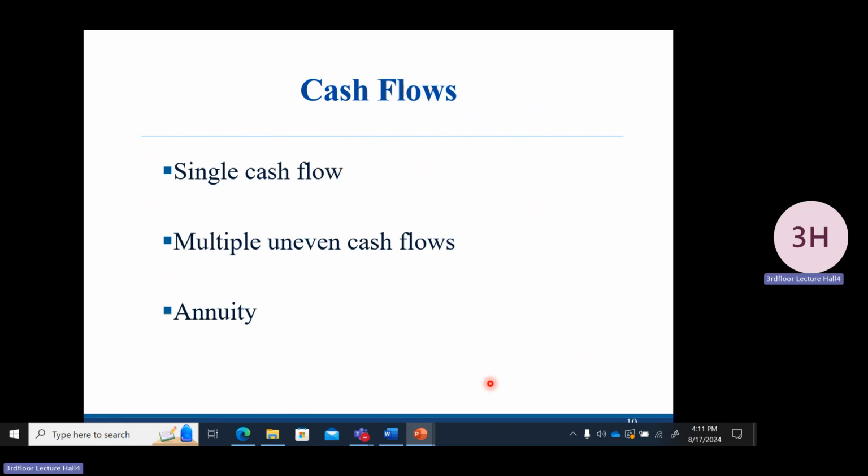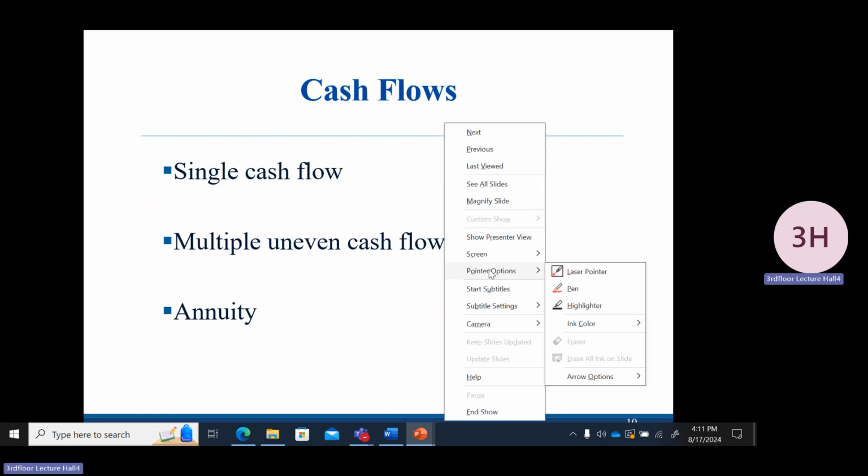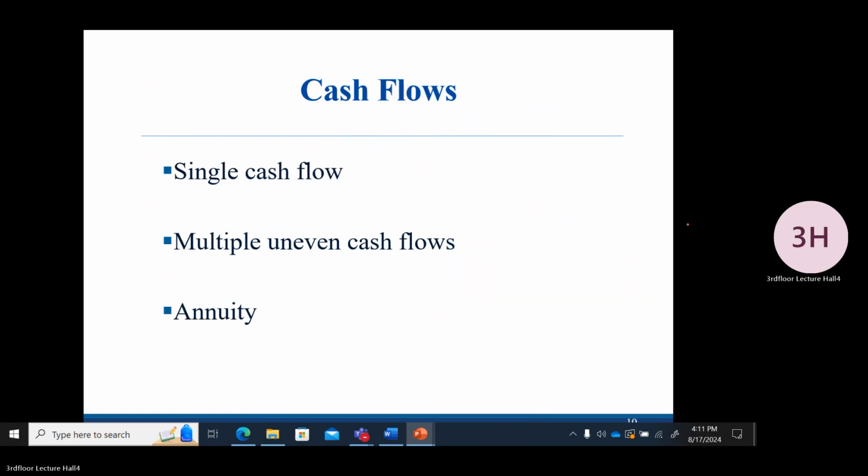Say in your timeline, suppose you invest some money. Suppose this is your timeline: 0, 1, 2, 3. At the beginning, today, at the decision point, you deposit 1,000 rupees.